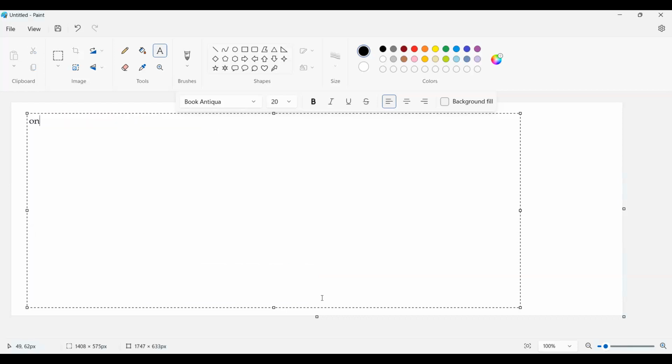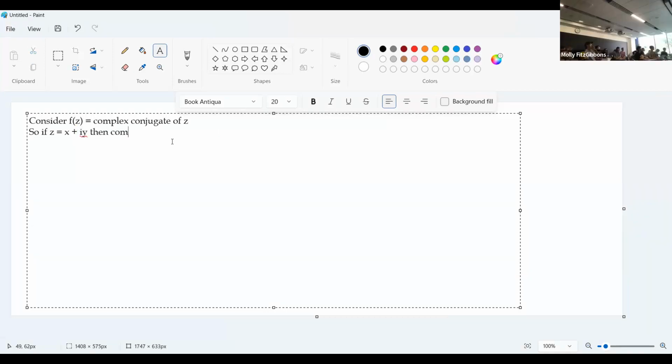So let's consider f of z equals the complex conjugate of z. And so if z is x plus iy, can somebody tell me what the complex conjugate would be? Good.